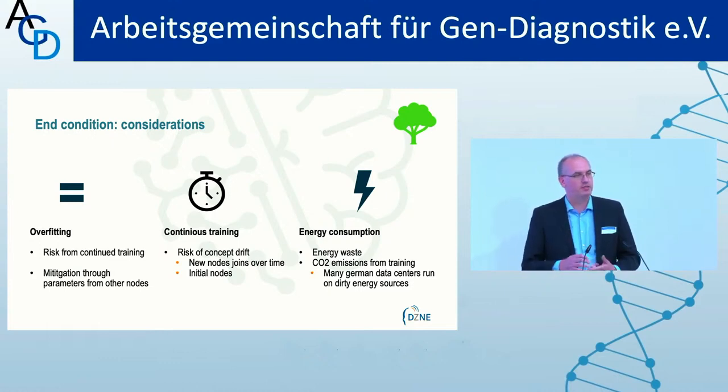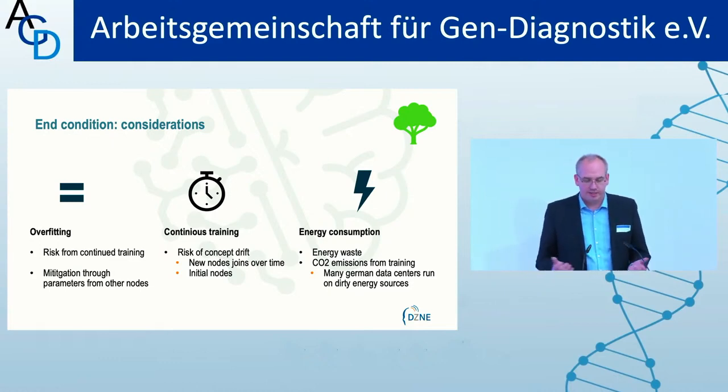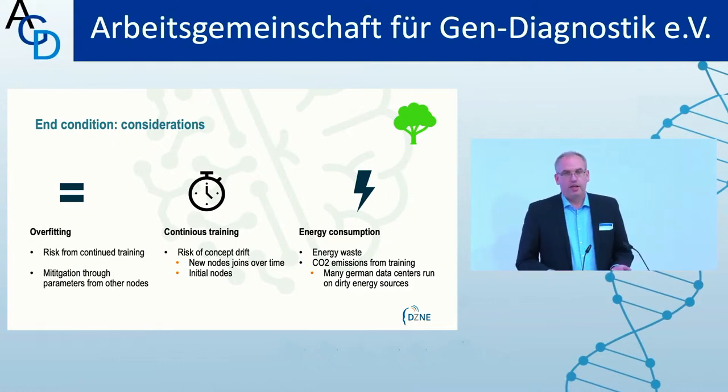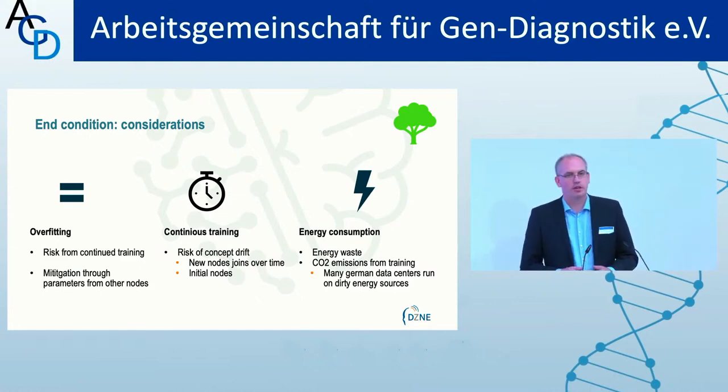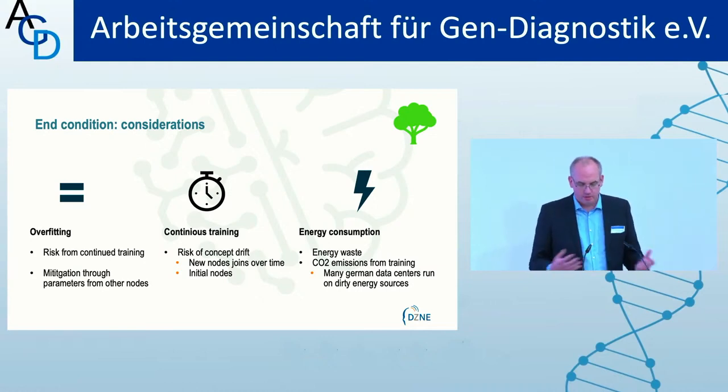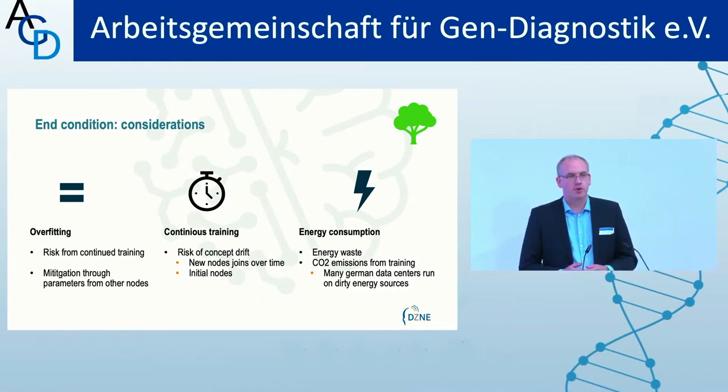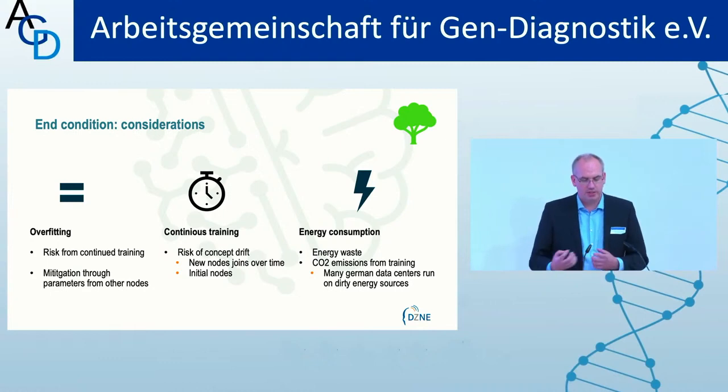So building it, driving it, and this is quite a lot. I also learned that most of the larger German data centers run on rather dirty energy sources. There's a lot of coal electricity in there. So keep the energy consumption of your model in mind when you design and when you train.